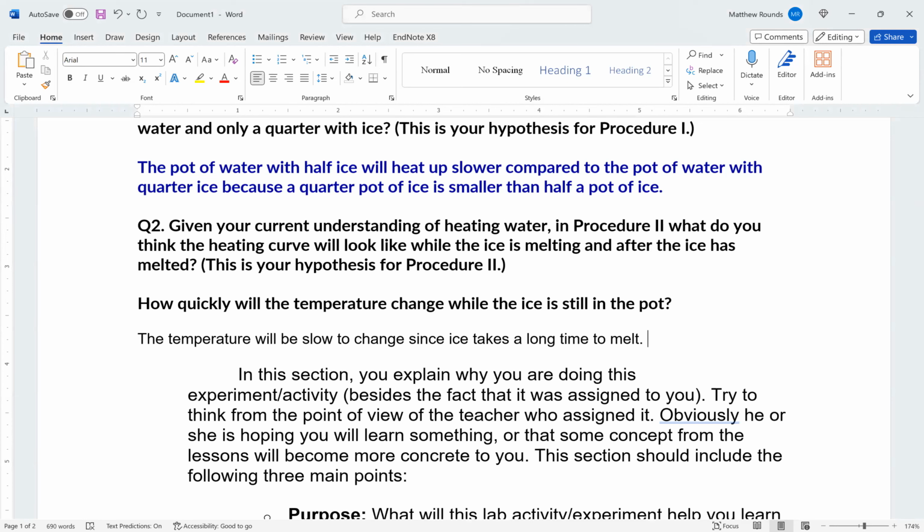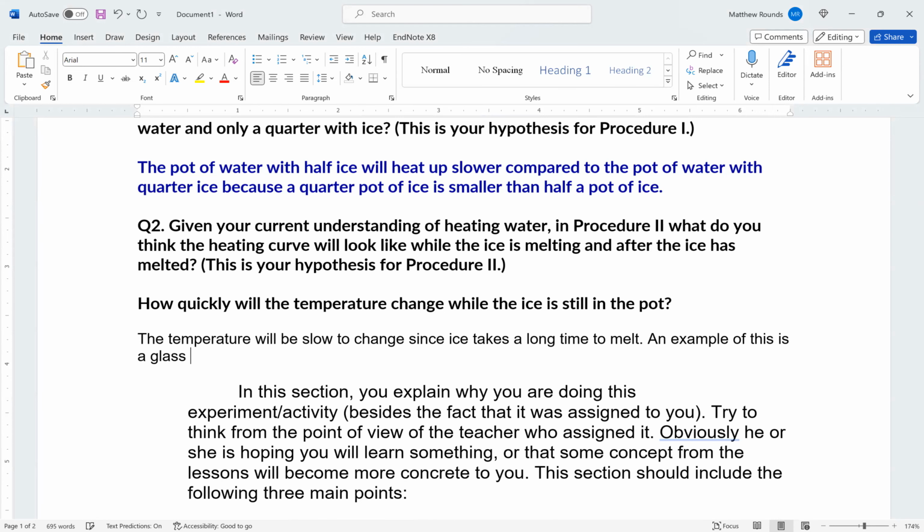You could give an example. So an example of this is a glass of lemonade with ice remains cold, even if it's set out in the sun.